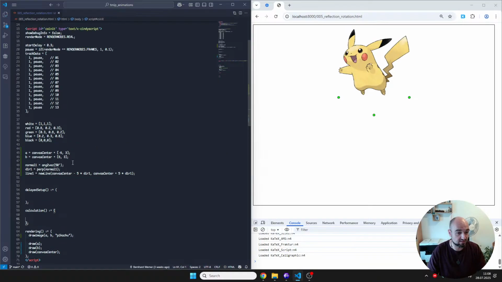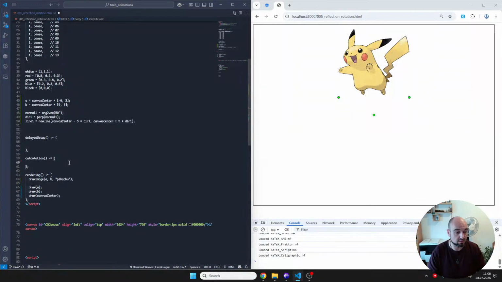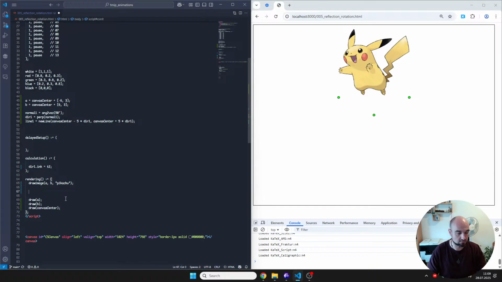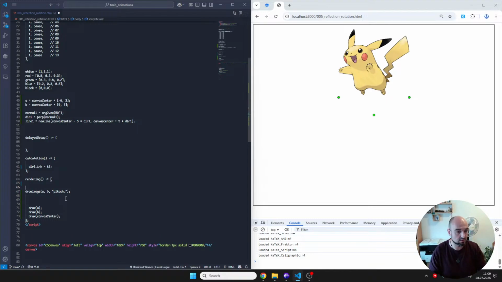And then let's make the line appear as our second step. We let the Pikachu appear in a moment, and then we want to draw the line. The line is at the bottom of everything probably. So we have line 1 draw. Quick test, doesn't work.